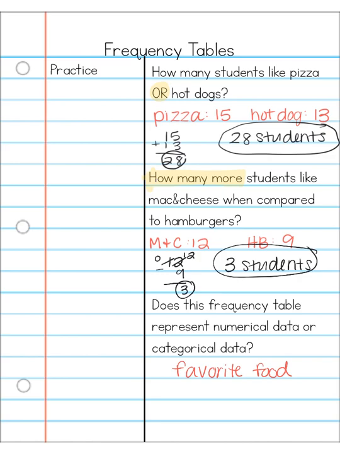If a student replied pizza, pizza is not a number. So that's going to be categorical data. And that completes the lesson for today on frequency tables.